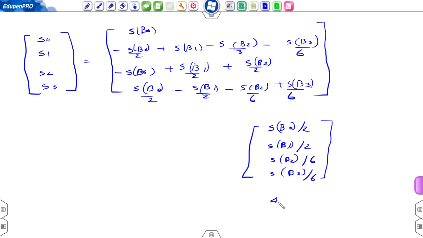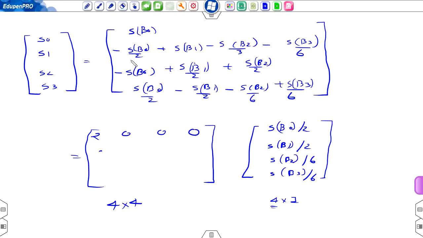So this is a 4 cross 1 matrix, and the pre-multiplication matrix will have 4 rows. It is mandatory, and the number of columns will also be 4, so it is 4 cross 4. Now I will select the terms based on this matrix. For S of beta 0, the first term should be 2. 2 into S of beta 0 by 2 gives S of beta 0, and the remaining values will be 0.